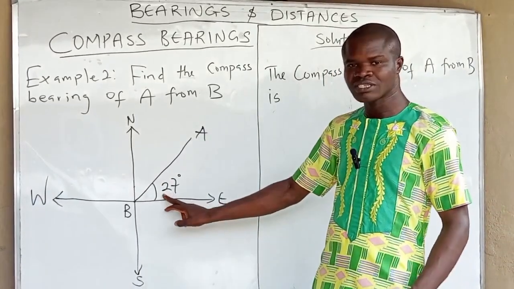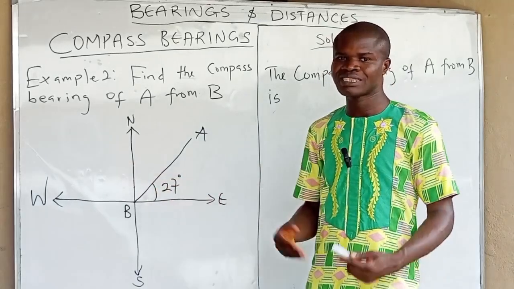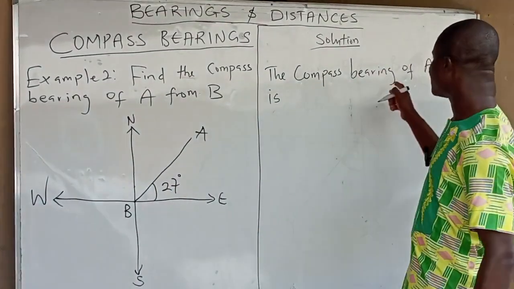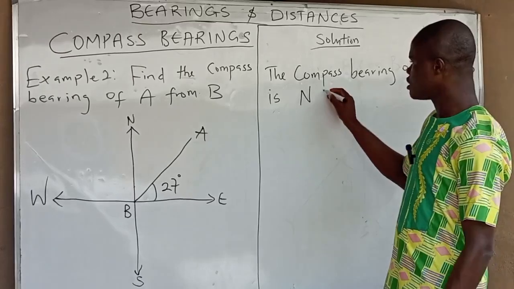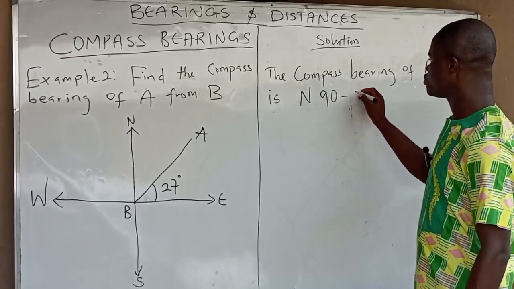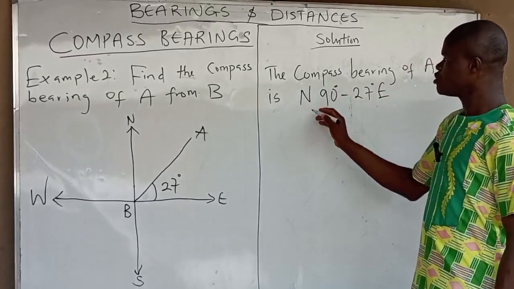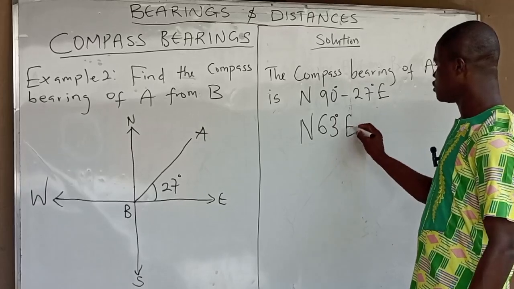So if here is 27 degrees, then it means that from the north to the object will be 90 minus 27 degrees. So therefore, the compass bearing of A from B is north 90 minus 27 degrees east. So this is north 63 degrees east.